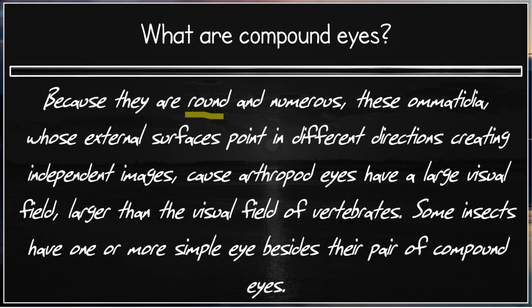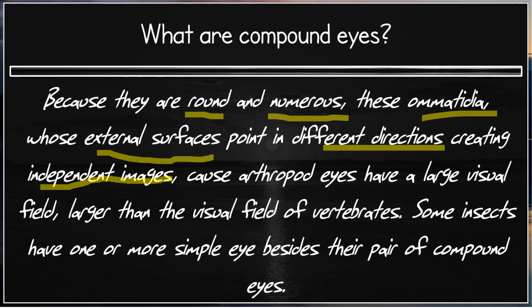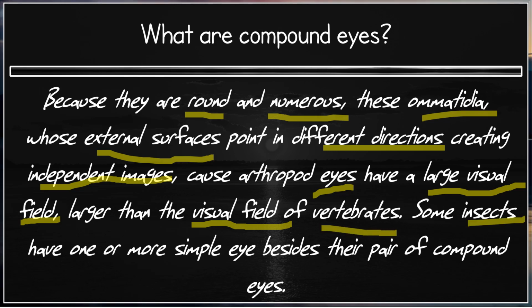Because they are round and numerous, these ommatidia, whose internal surfaces point in different directions, creating independent images, cause arthropod eyes to have a large visual field, larger than the visual field of vertebrates. Some insects have one or more simple eyes beside their pair of compound eyes.